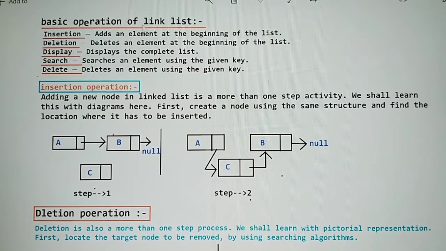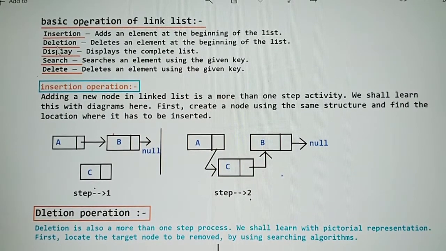These five are the most important operations of linked list: insertion, deletion, display, search and delete. So at first, what is insertion?